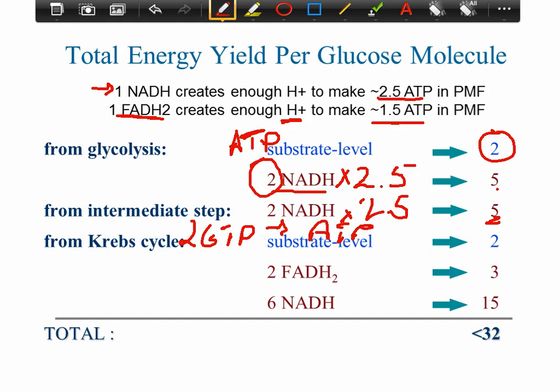Okay, so substrate level phosphorylation, 2 of those. Then we got 6 NADHs, 2.5 ATP, 15. Then, at one point, the main carrier is FAD. Remember, we only get 1.5 ATP times 1.5. There's 3. You add all that up, and the max that you can get is 32.